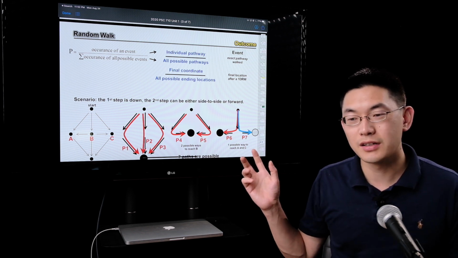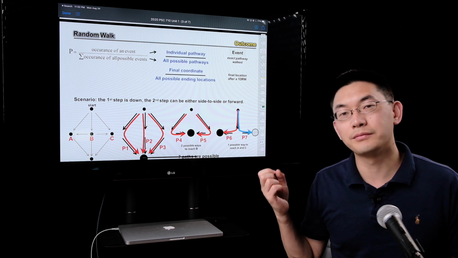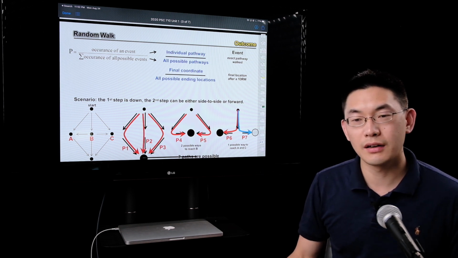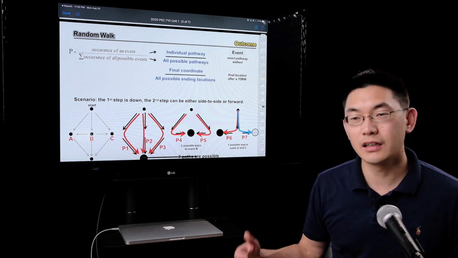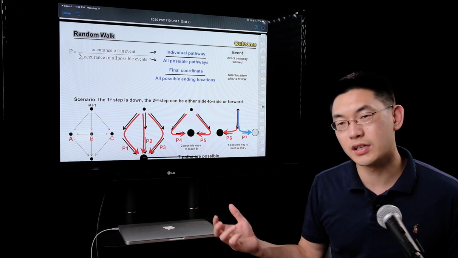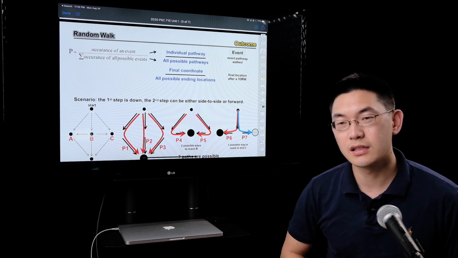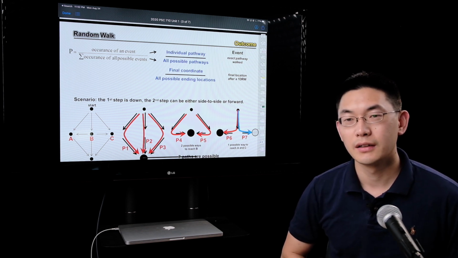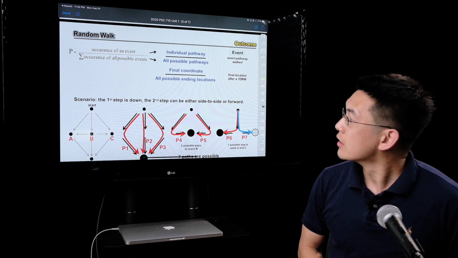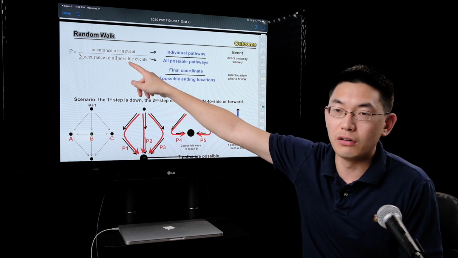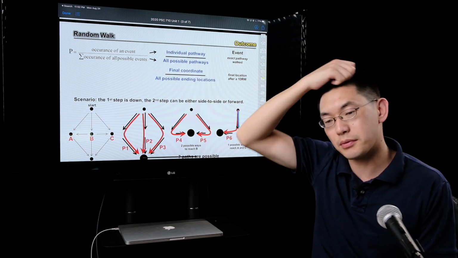For example, if you have a boy, that means you're only going to have a little bit of them, versus a lot of those chances. So they are totally different. Coming back, the occurrence of one event versus the occurrence of all events will determine the probability.